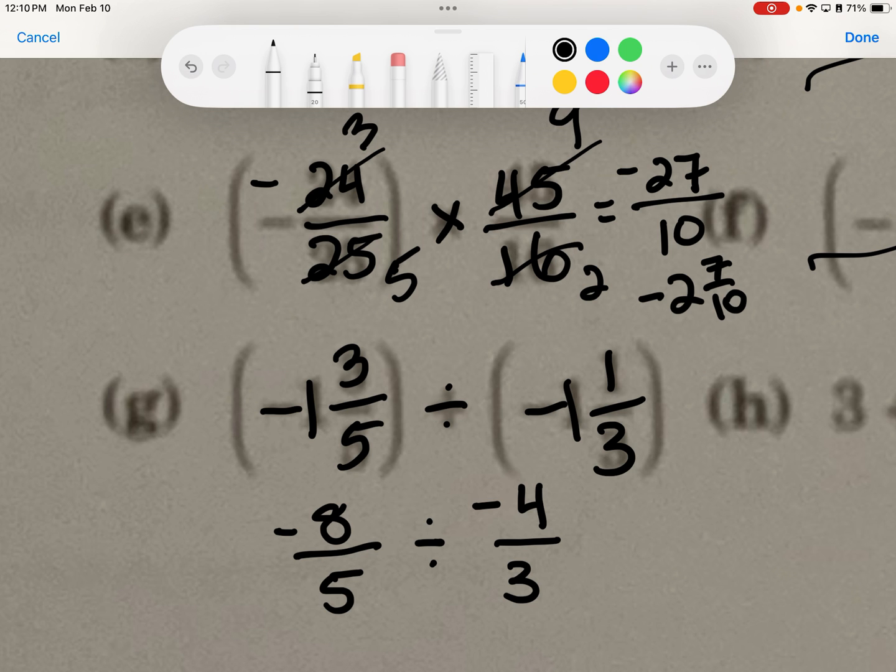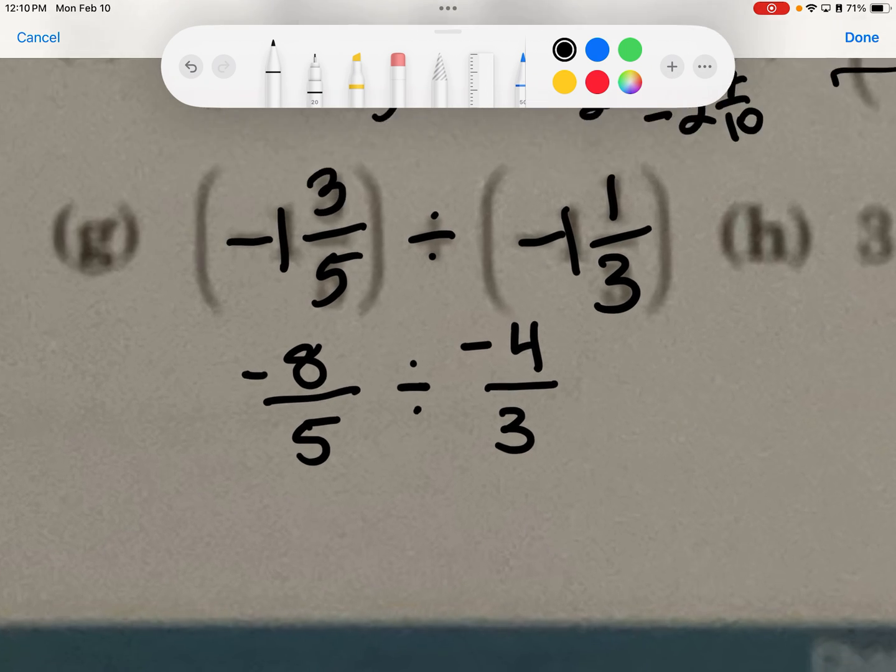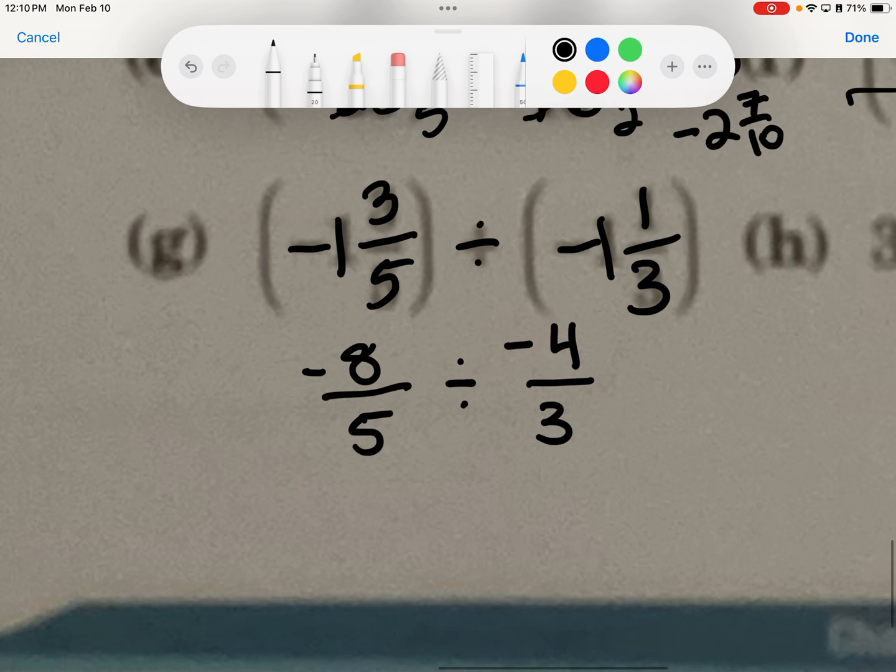The least common multiple of 5 and 3 is 15. Oh, wait, I'm not doing that yet. What's the next step? Oh, multiply by the reciprocal. Yes, flip it. Negative 8 over 5 times negative 3 over 4.